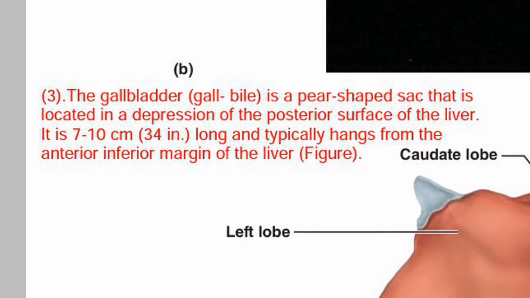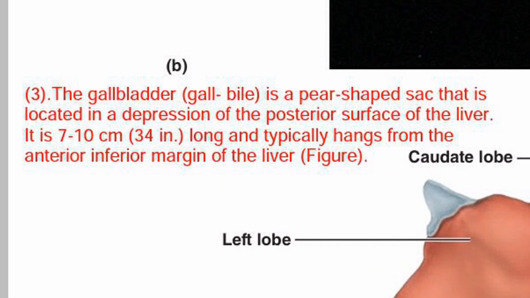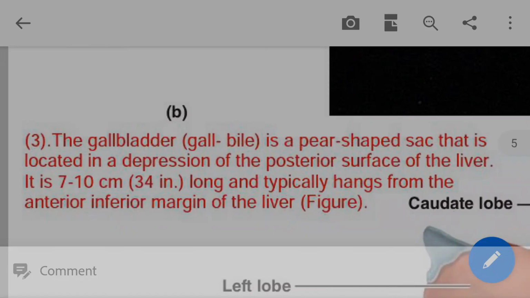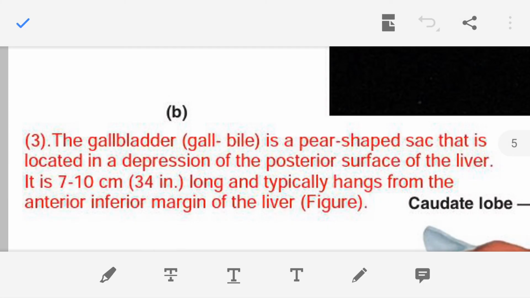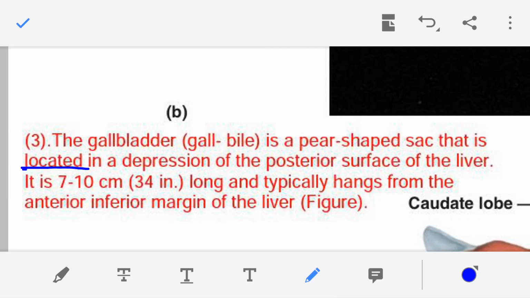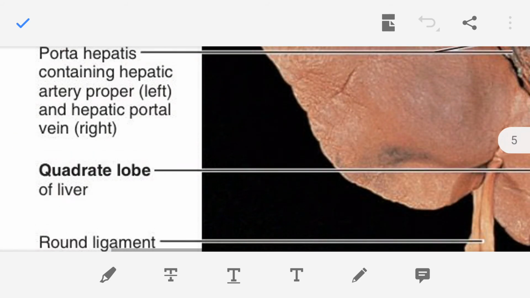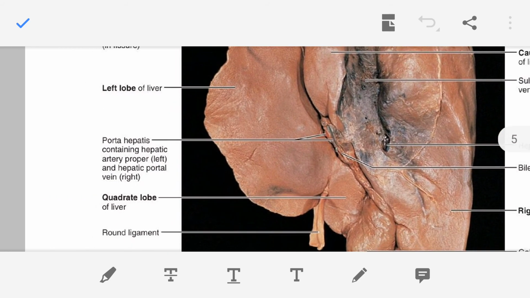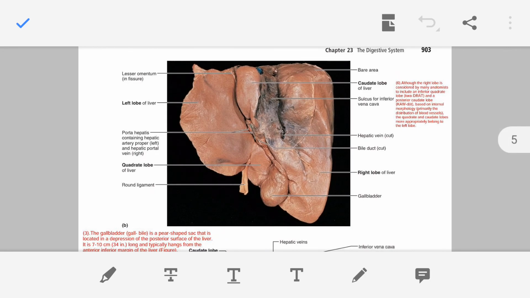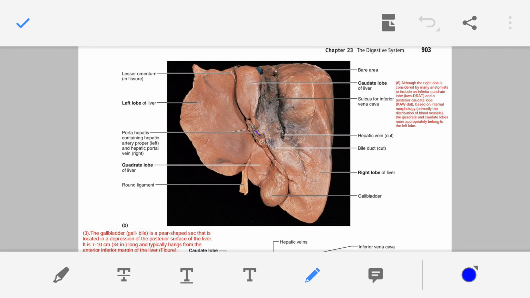Now where it is present, it is located in a depression of the posterior surface of the liver. So here you can see on the posterior surface of the liver there is a depression, and in this depression the gallbladder is present.